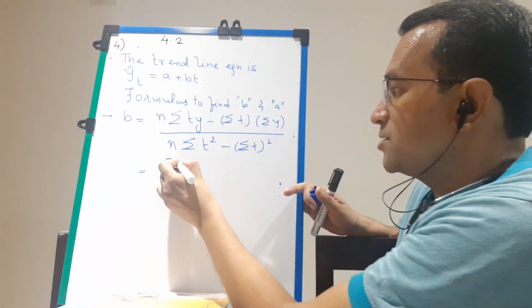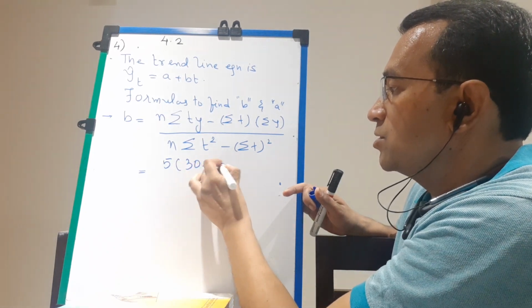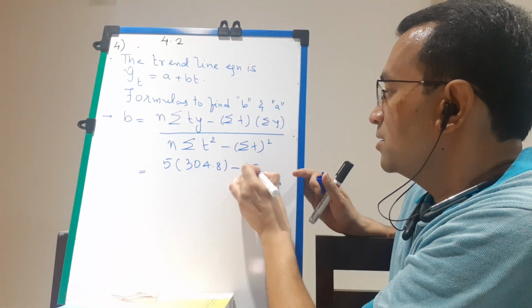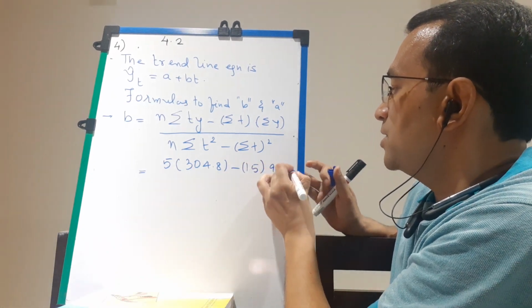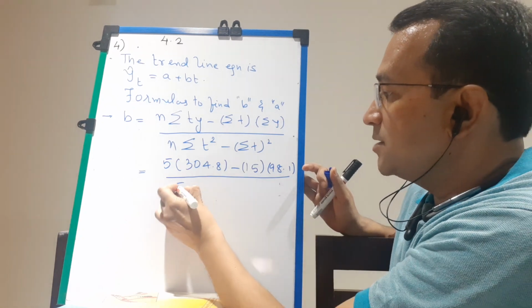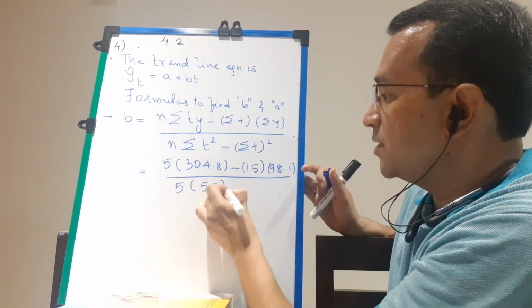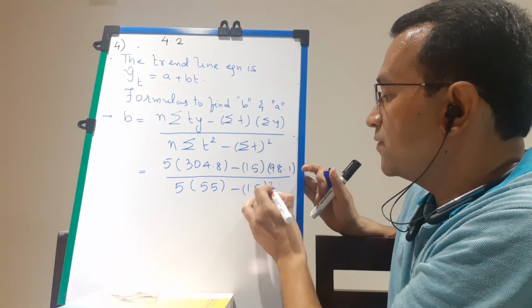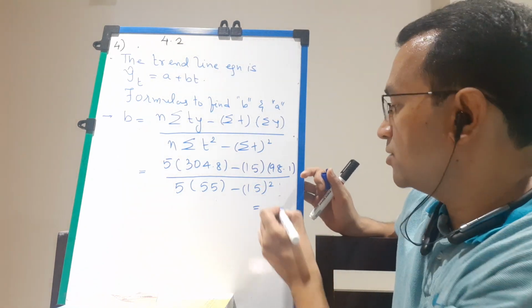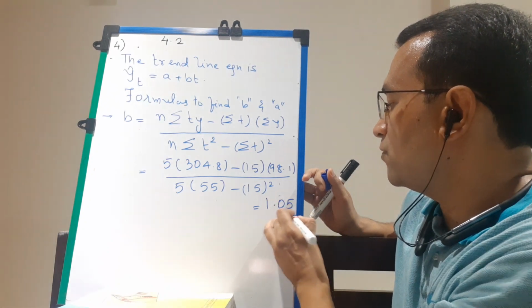Total of ty is 304.8. Sigma t is 15. Sigma y is 98.1. Divided by n is 5. Sigma t square is 55 minus 15 the whole square. Simplifying this, the value of b turns out to be 1.05.